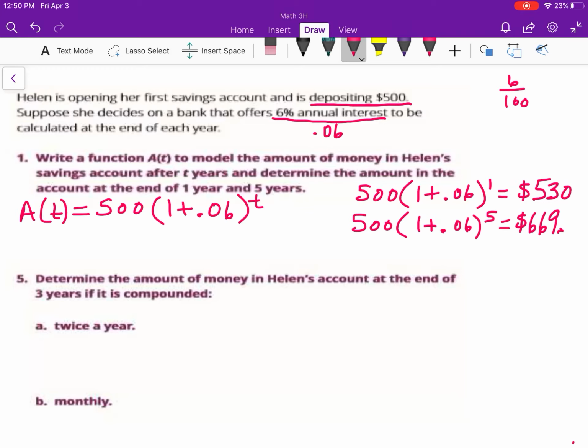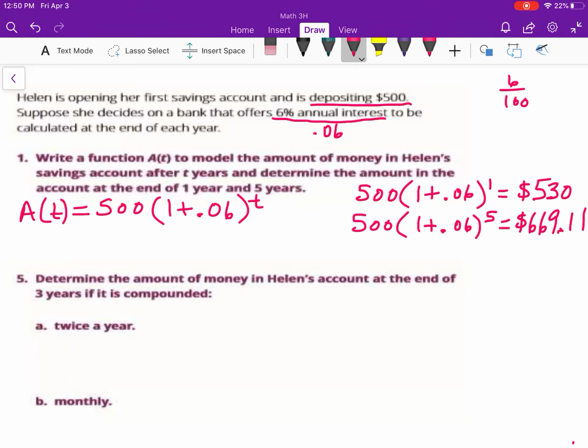It ends up being 669.11. So that takes care of how you figure out her account. And 6%, I tell you, is awfully high. You're not going to see a lot of that in many banks. Trust me on that one.